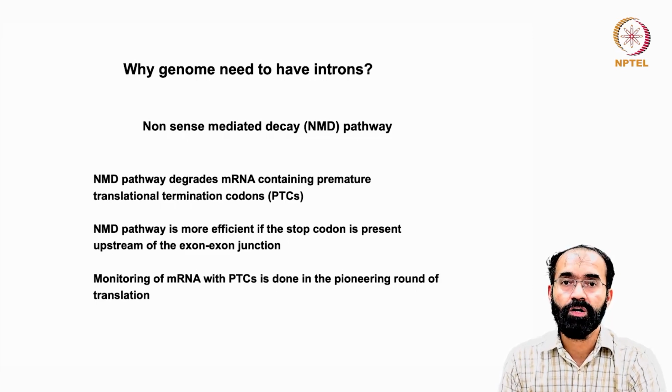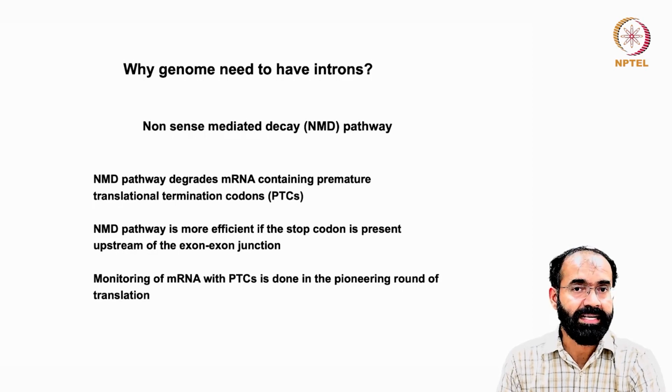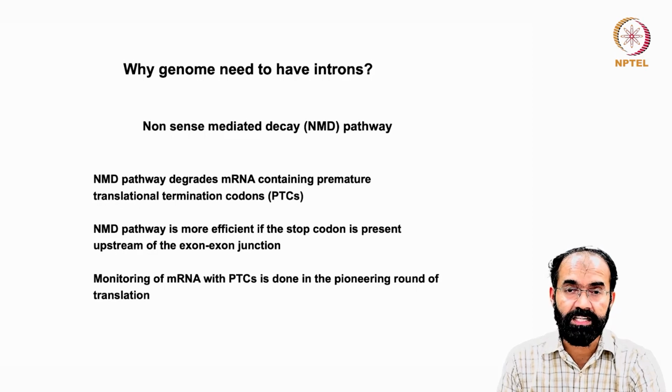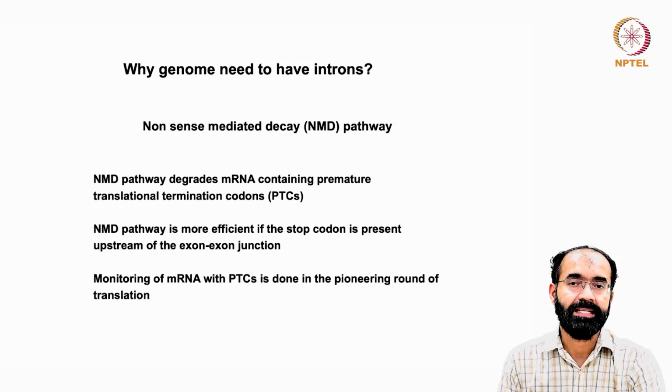This RNA did not utilize the actual stop codon. Rather, it utilized a defective or premature stop codon, and this is detected in the first round. So what it indicates is that this RNA, when freshly formed after the splicing event, retains something which marks the exon boundary. That is what actually happens.